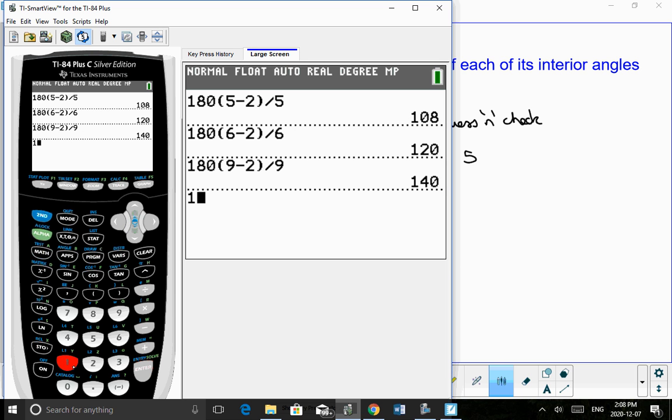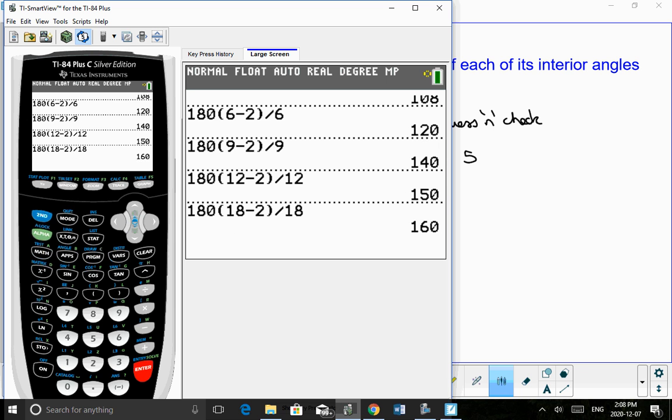So let's try 180 times 12 minus 2 divided by 12. Oh, still not there. Getting closer though. Let's try 18. Nope.